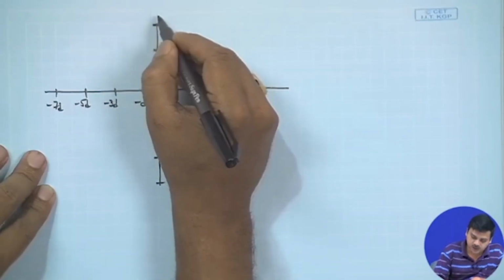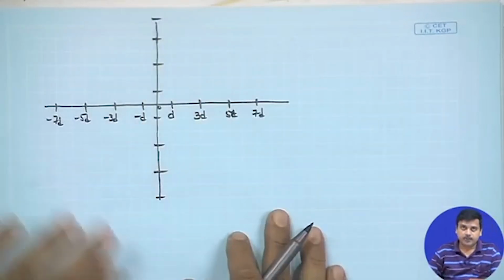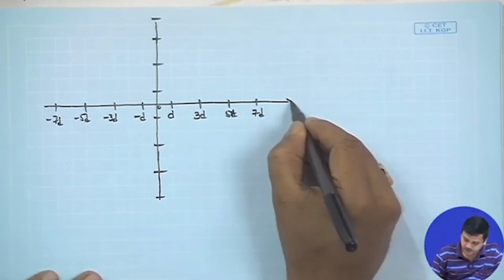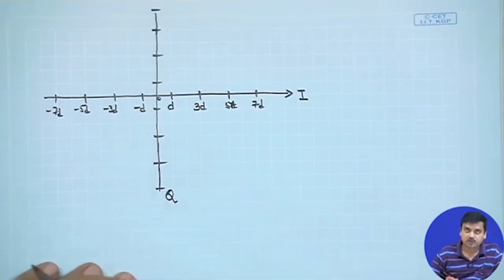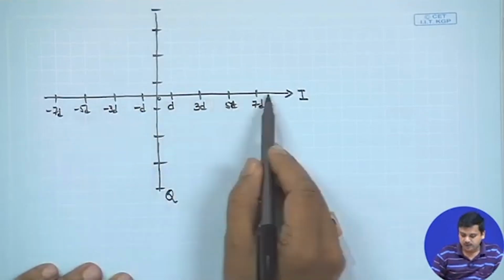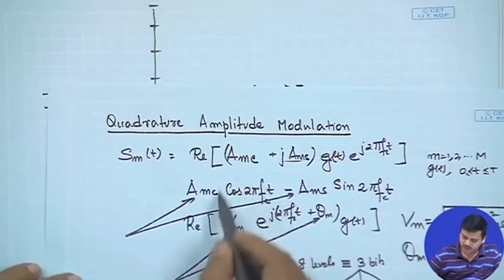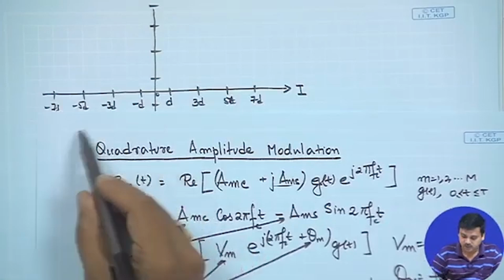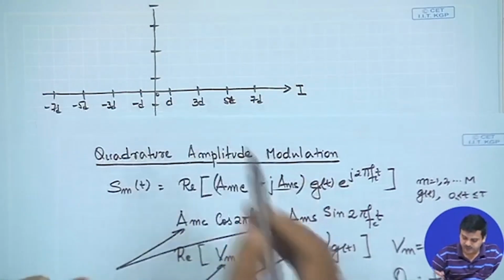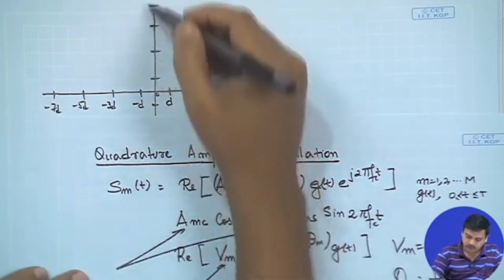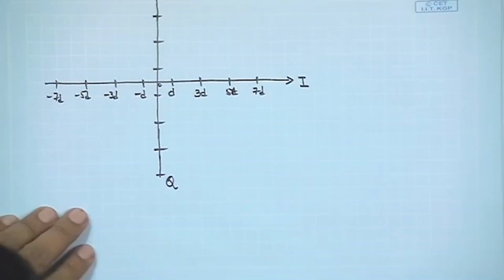And of course, here this will go a little bit higher. So this is the I axis and this vertical one is the Q axis, and whatever amplitude we select here would be used in modulating the cosine carrier. So a_m^c, whatever level, D, 3D, minus D, minus 5D, minus 7D, and whatever amplitude we select here could be used to modulate the sine component of the carrier.